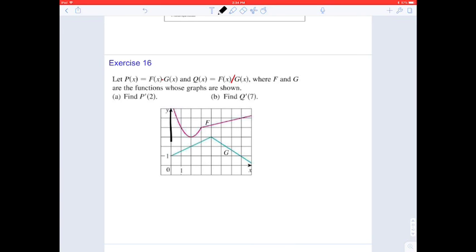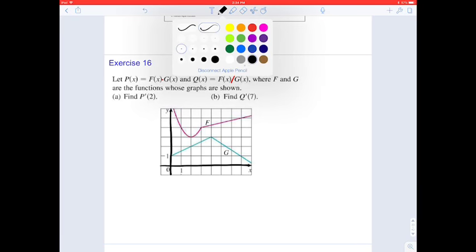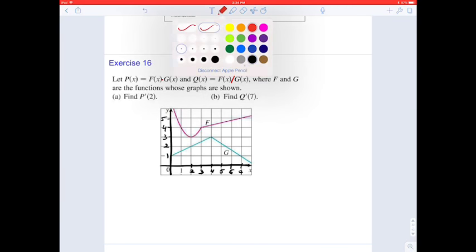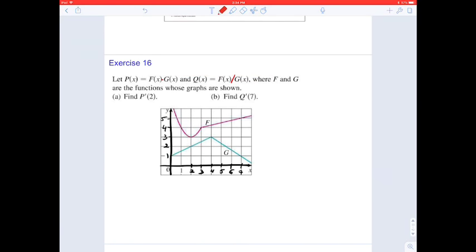And this is the xy plane. Okay, we can try to have a scale: 3, 4, 5, 6, 7, 1, 2, 3, 4, 5. Now find p prime at 2.